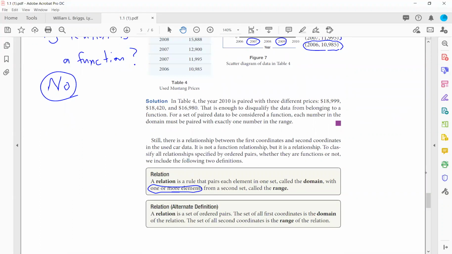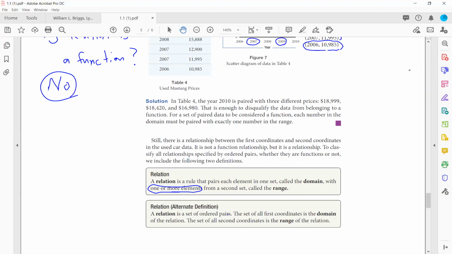In a function you have exactly one element. Or you can say that a relation is a set of ordered pairs. The set of all first coordinates is called the domain, and the set of all second coordinates is called the range of the relation.